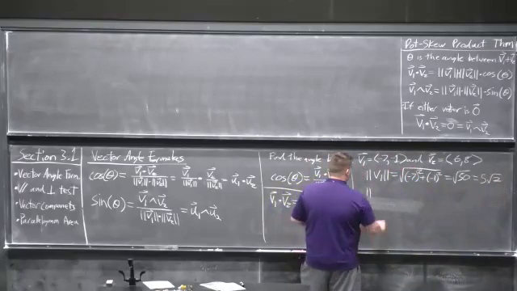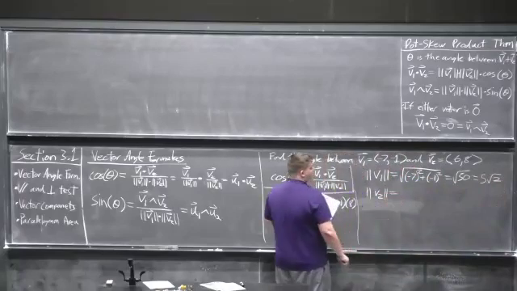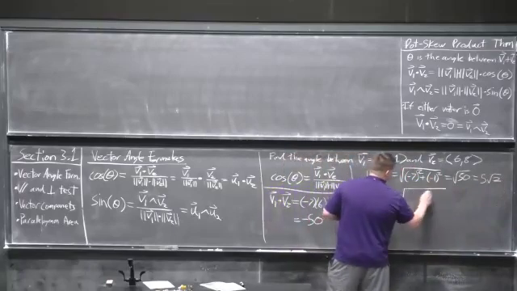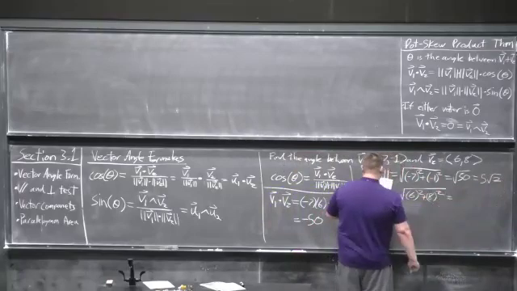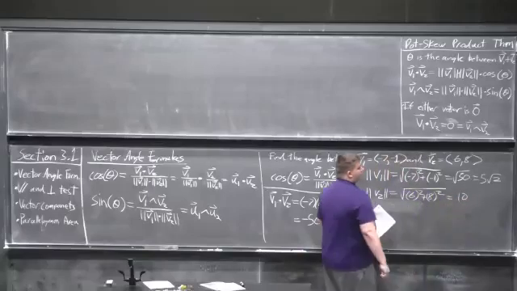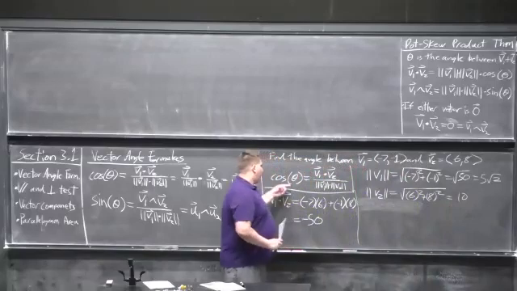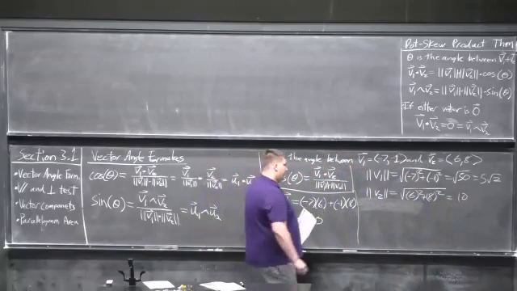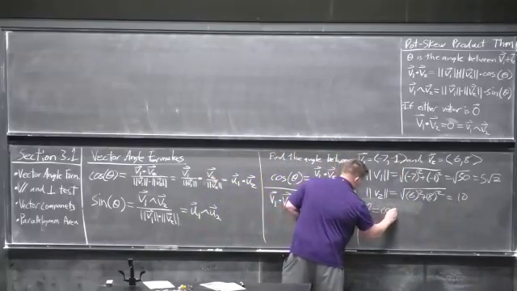We can have the magnitude of V2 is equal to square root 6 squared plus 8 squared, which is equal to 100, so we're going to take square root of 100, which is 10.